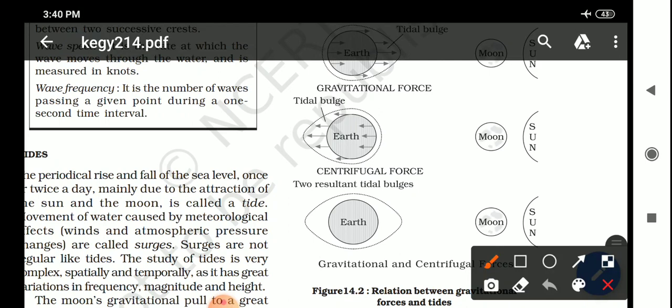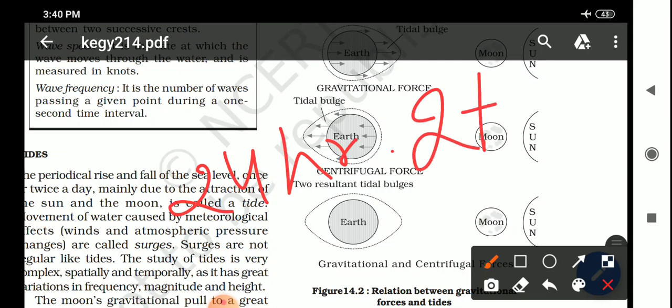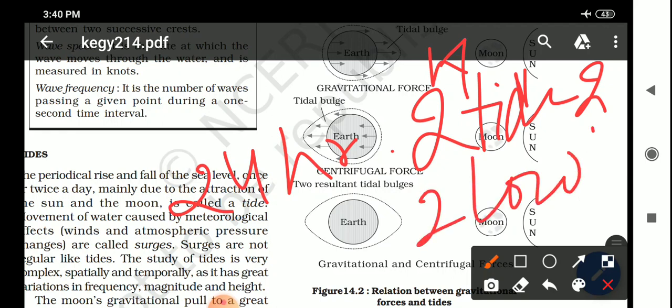In a day of 24 hours, students, you have two high tides and two low tides. Clear? In 24 hours.